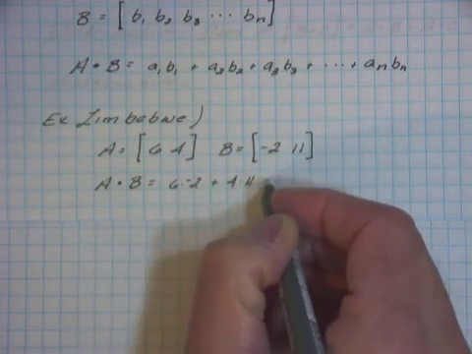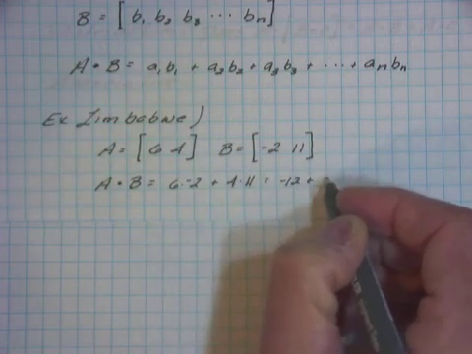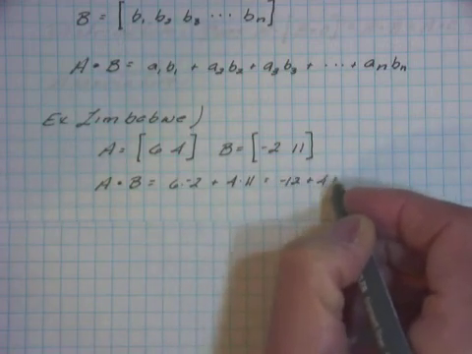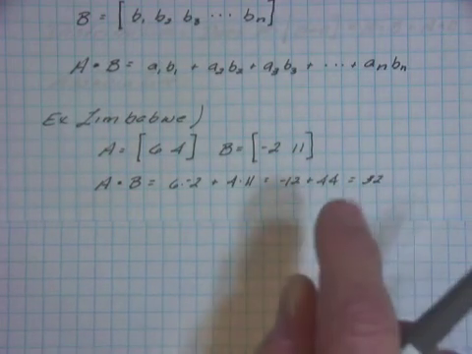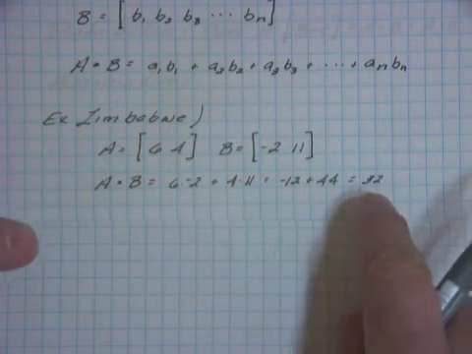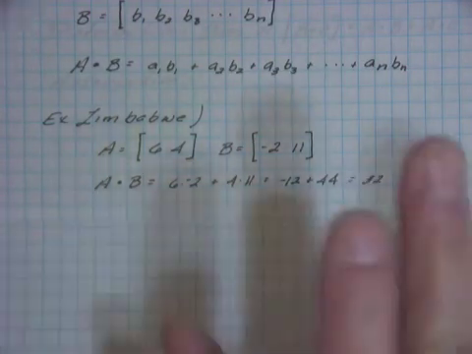So 6 times negative 2 plus 4 times 11, which is negative 12 plus 44, which is 32. So there you go. Look, a dot product produces a number.